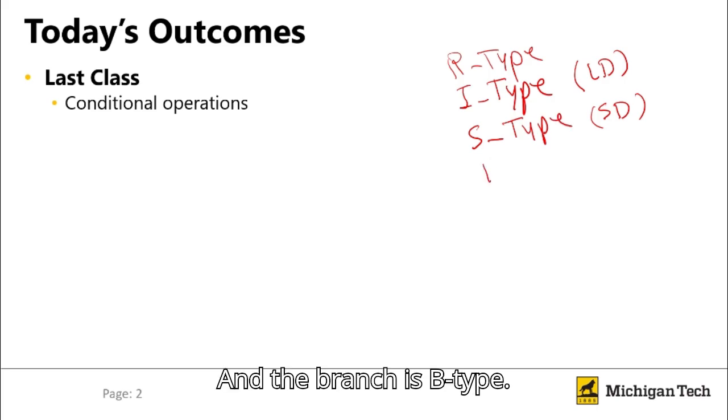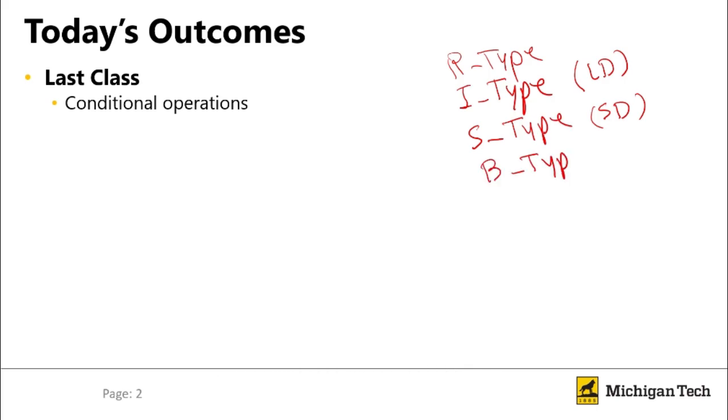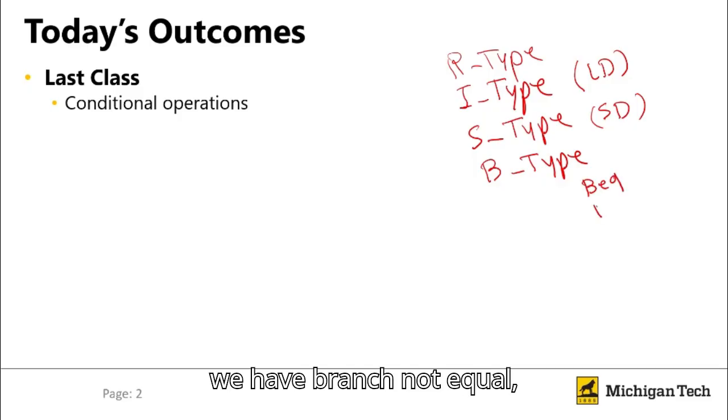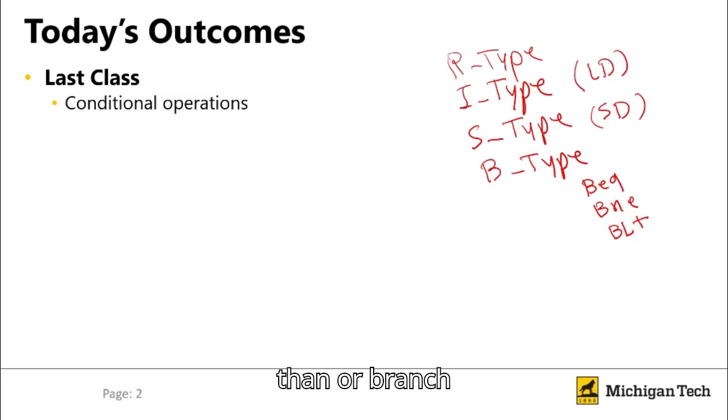And the branch is B type. So we have branch equal, branch not equal, branch lower than, or branch greater or equal.